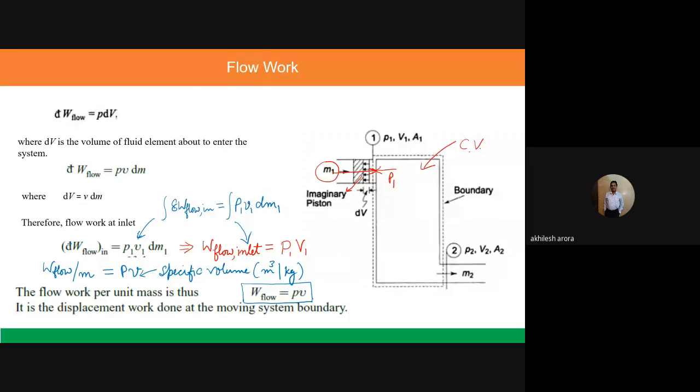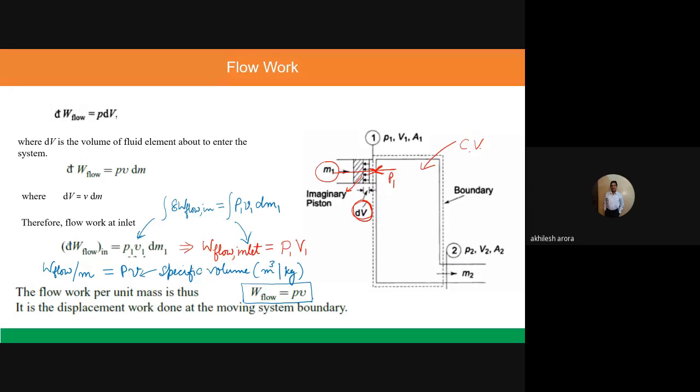What we are showing here is the volume dV, which is trying to enter into the control volume, but it is opposed by this pressure P1 actually. So naturally the fluid has to do a certain amount of work to enter into the control volume, and this work will be known as the flow work, and this is nothing but the PdV work only.